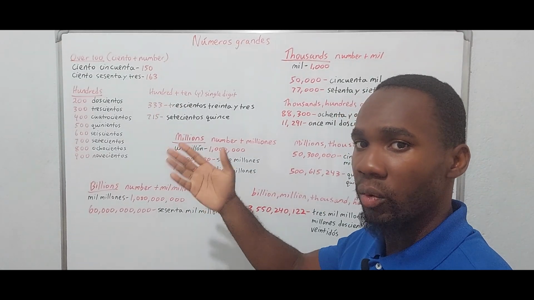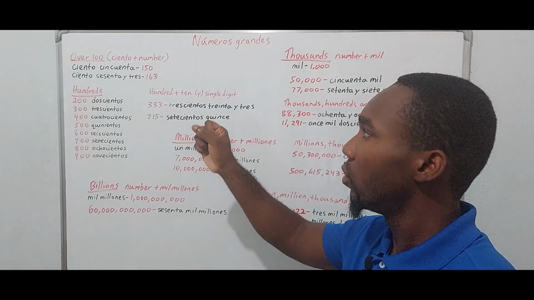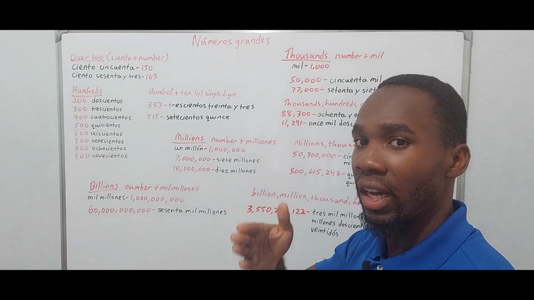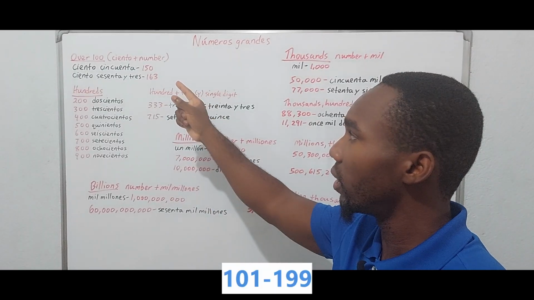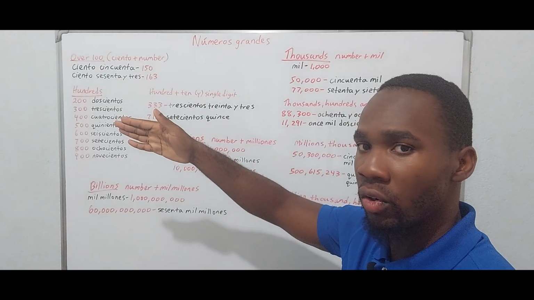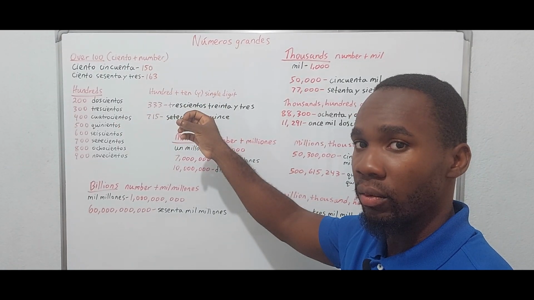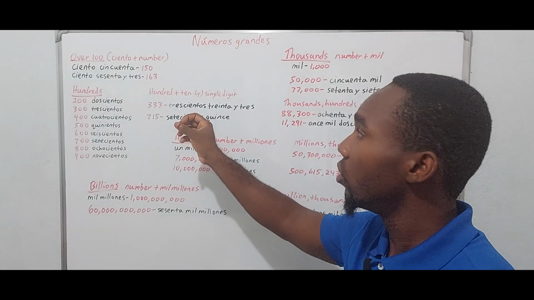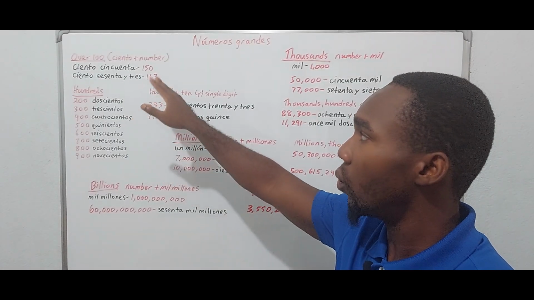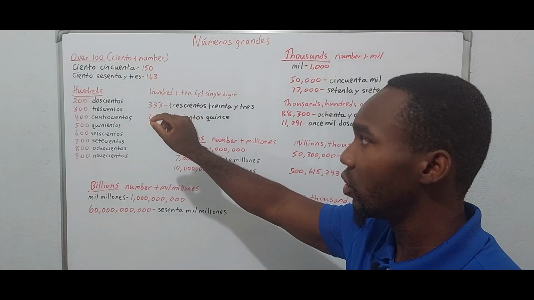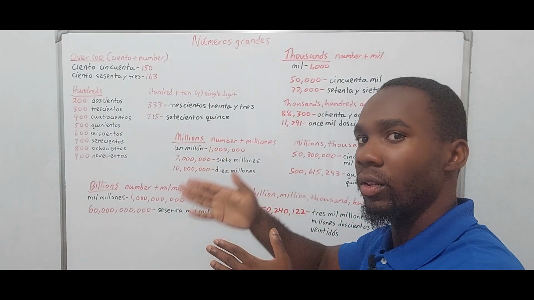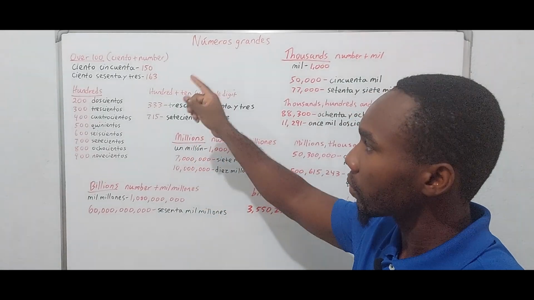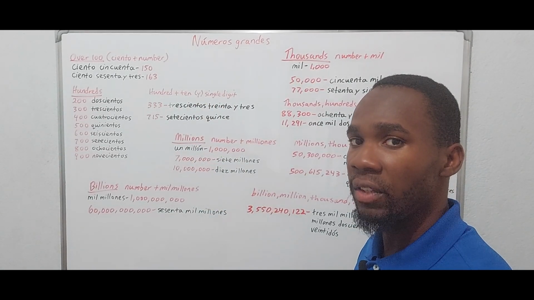And we're still talking about the hundreds, right? So from 101 to 199, this is the formula that we use. We use ciento and the number, whatever number that may be. So for example, we have 150: ciento, which is 100 if we're counting above 100, and what is 50?